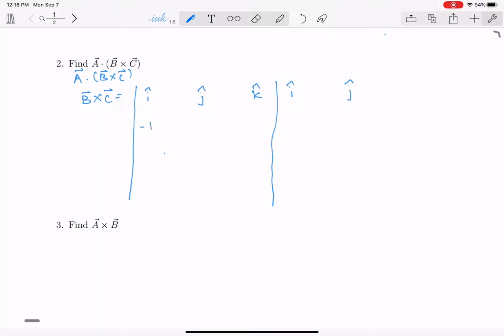So negative 1, 4, negative 2, 3, 2, negative 5. Similarly here, negative 1, 4, 3, 2.